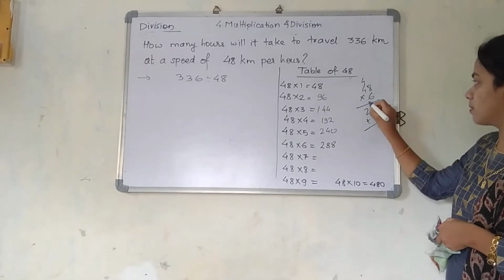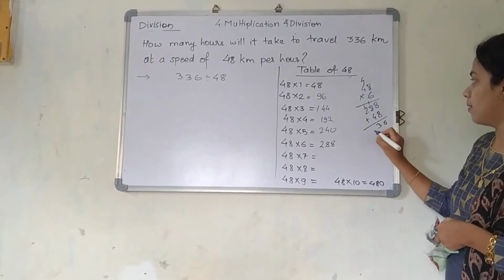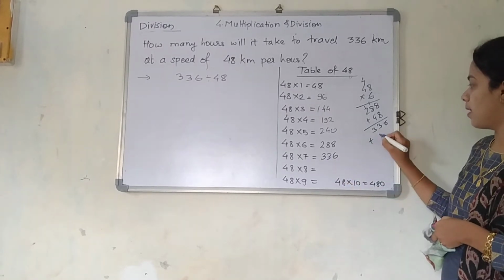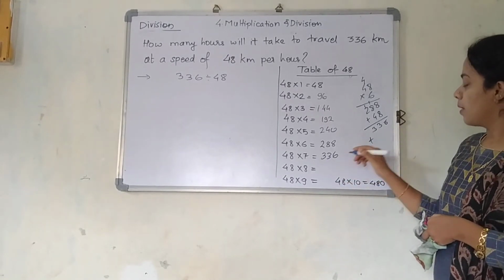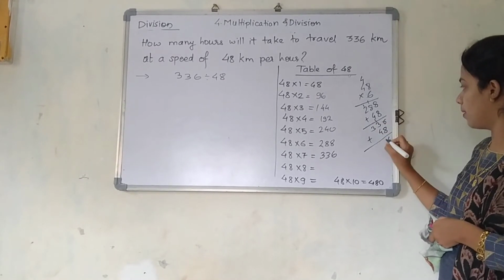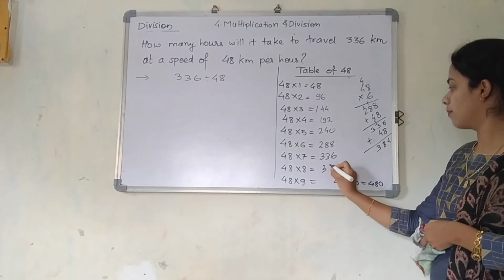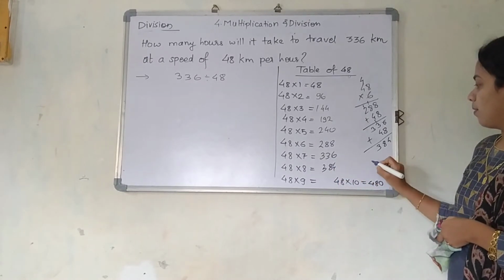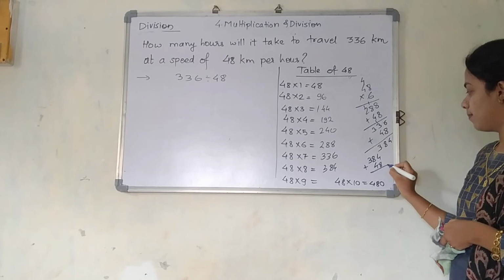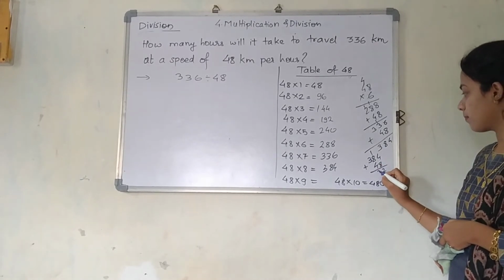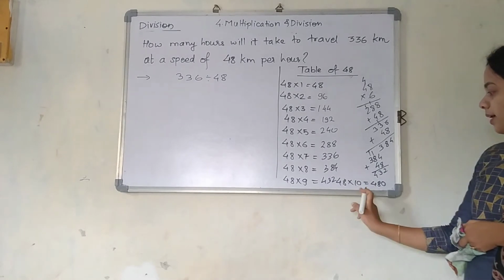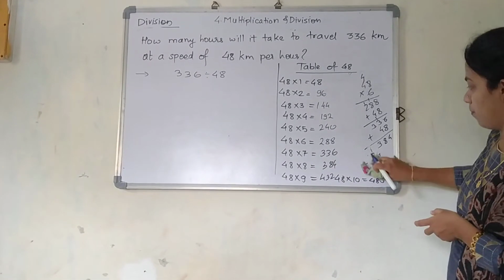It will be 336. 48 eights, add 48, 384. 384 plus 48 is 432, and 48 tens are 480. Now the table is over.